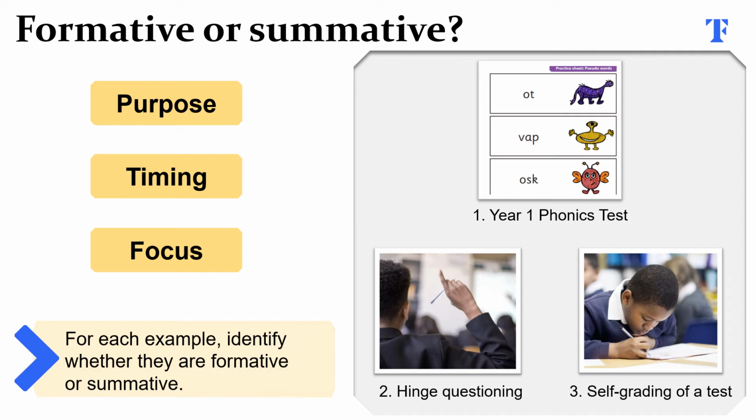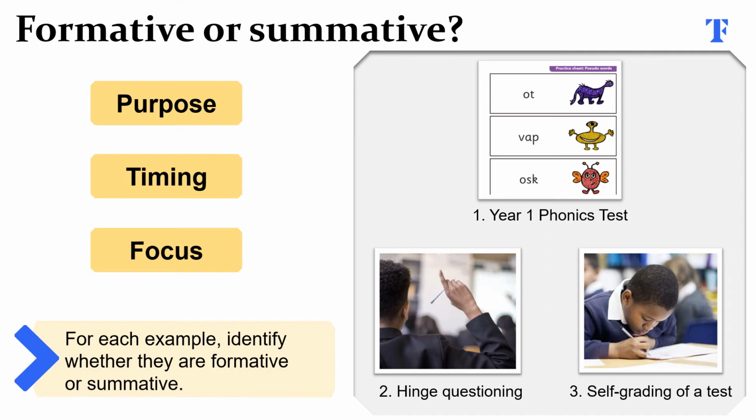Number 3, self-grading of a test. This is interestingly a written summative assessment. It is not formative, as the purpose is to support pupils to grade their work and give an evaluation of their learning, not to support learning taking place. The timing will be after a test which takes place typically at the end of a unit of study.